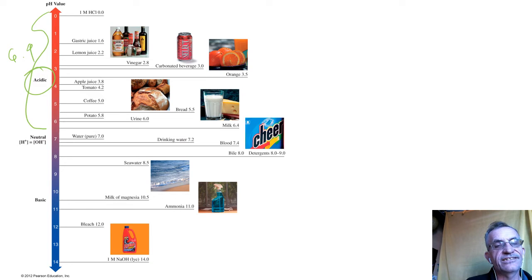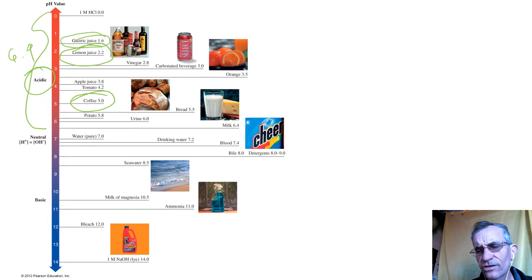Gastric juice, that's juice in your stomach, has a pH of about 1.6. That's really acidic. Lemon juice, things that are sour are acidic. Lemon juice, really sour, has a pH of about 2.2. Coffee is also acidic. It has a pH of about 5. So not nearly as acidic, but it's still acidic. I guess we'd call it weakly acidic.